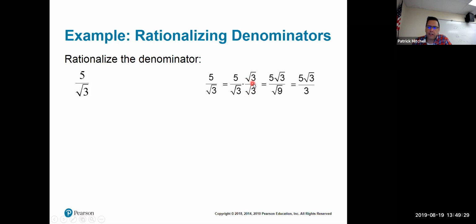So I'm multiplying the top and the bottom by the square root of 3. That's giving me 5 times the square root of 3 on top. And it's giving me the square root of 9 on the bottom. Of course, the square root of 9 is 3. And so the correct form for this expression is 5 times the square root of 3 over 3.